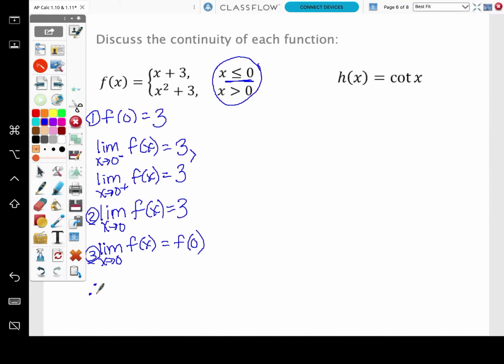Now we can say, therefore, f of x is continuous. Super fun, right? What about the cotangent function?